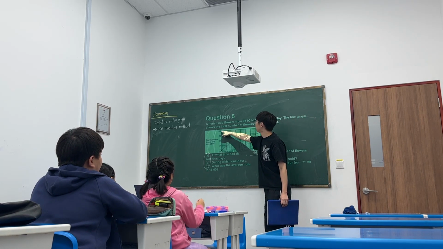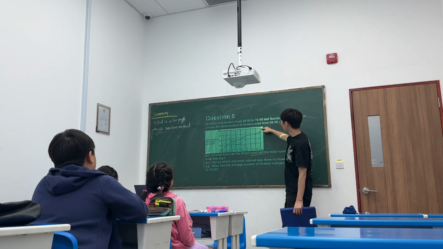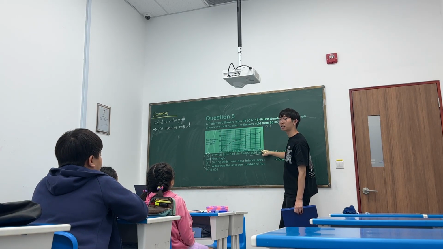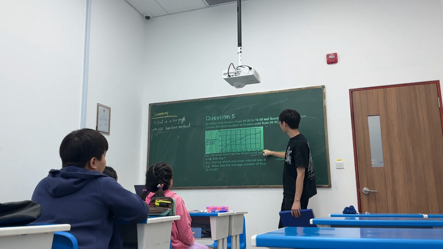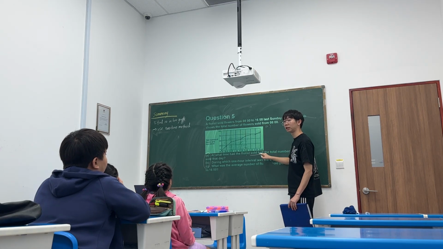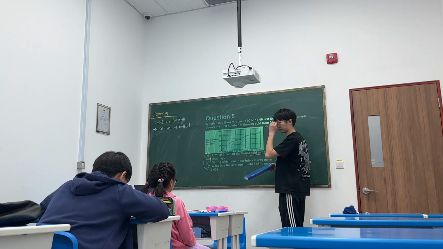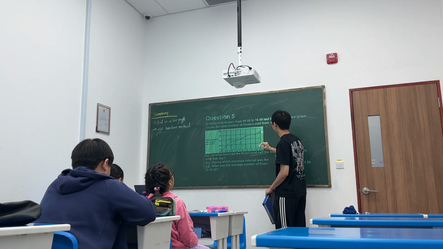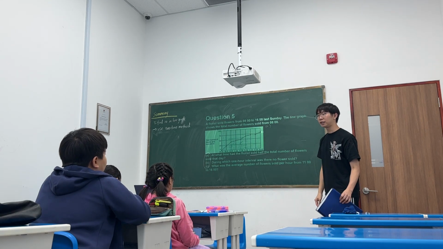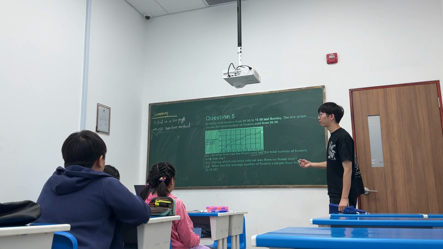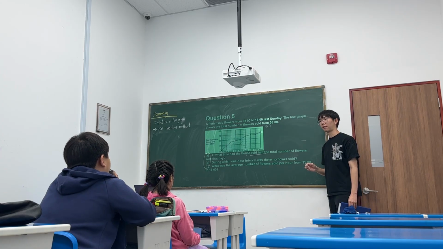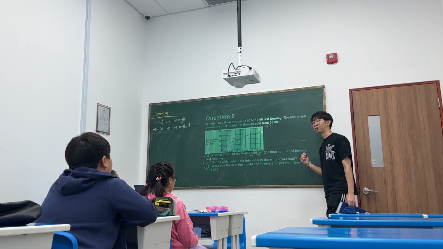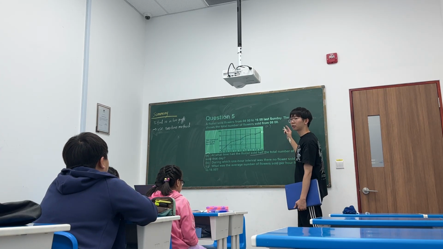No, at 4 o'clock in the afternoon, how many flowers did he sell? 80, very good. So in total he sold 80, right? Now what is half of the amount of flowers he sold?